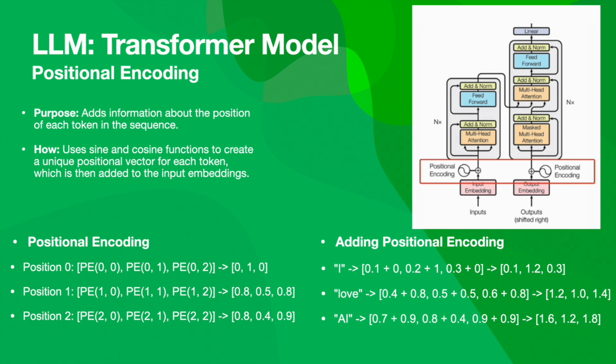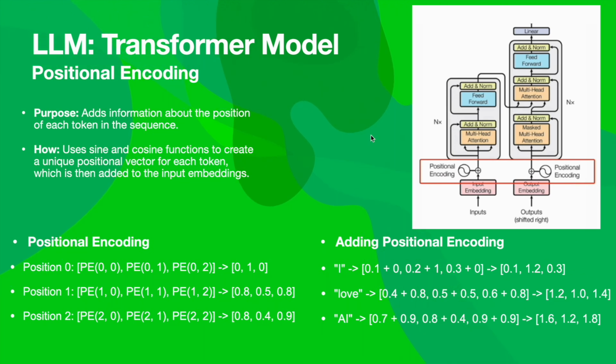For that reason you use positional encoding. They use sine and cosine functions to create a unique position vector for each token, which is added to the input embedding. Whatever input embedding you have, you take the sine and cosine terms, and then it is easy to give the sequence information.